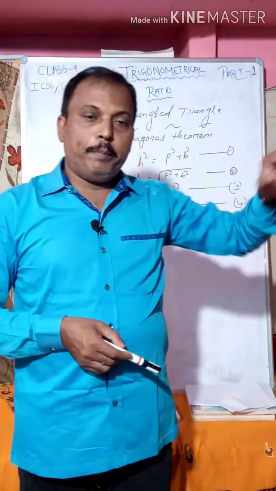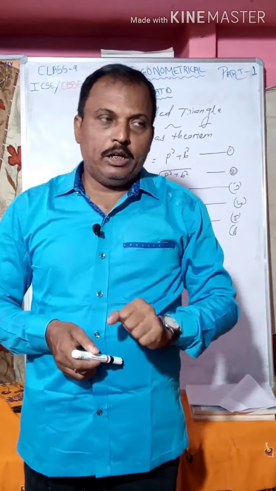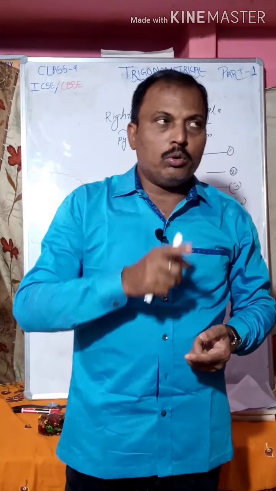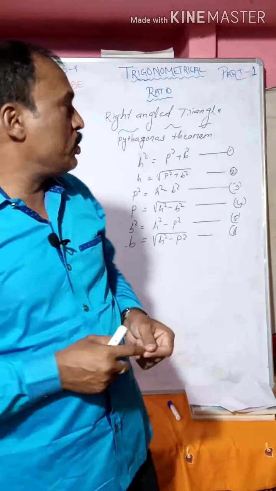H is equal to the square root of P square plus B square. P square is equal to H square minus B square. So P is equal to the square root of H square minus B square, and B square is equal to H square minus P square. B is equal to the square root of H square minus P square.